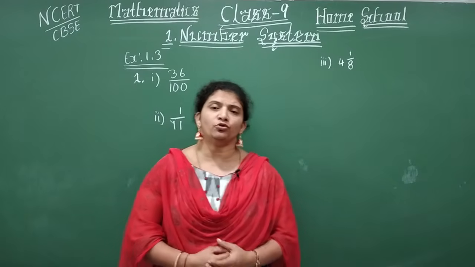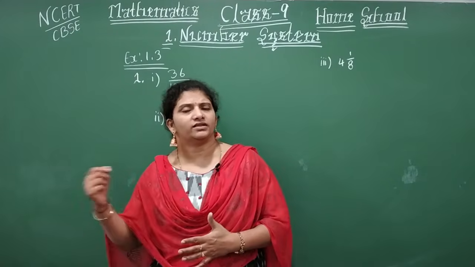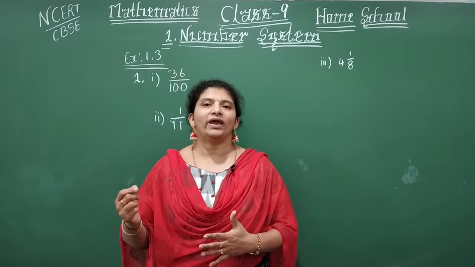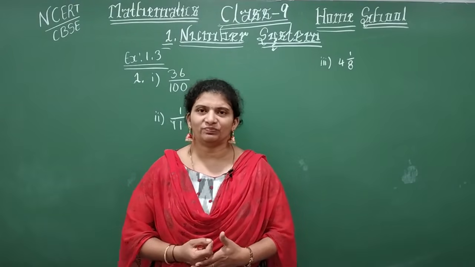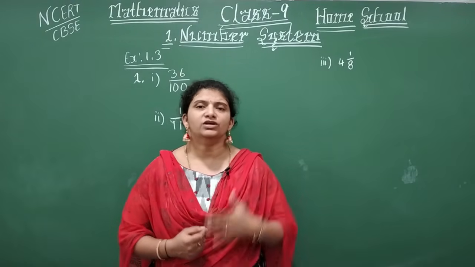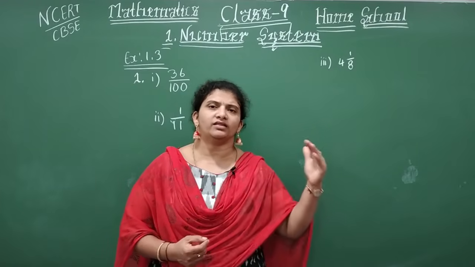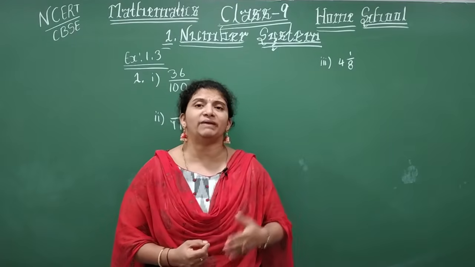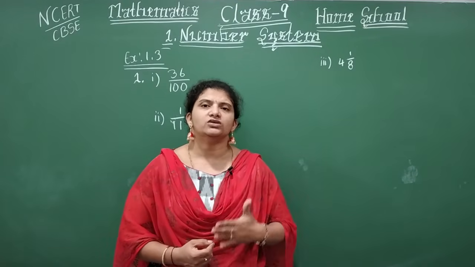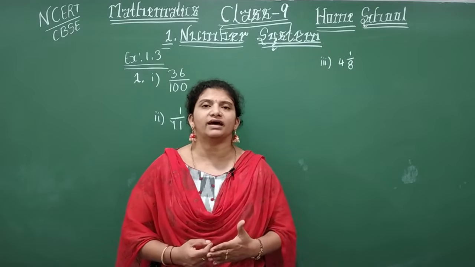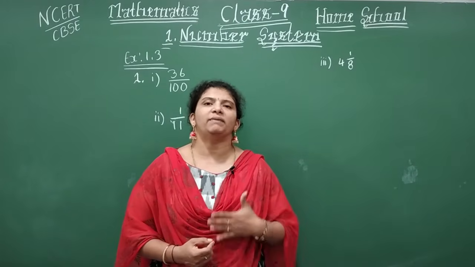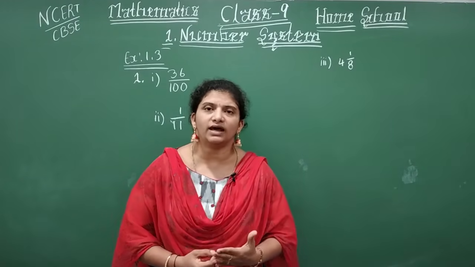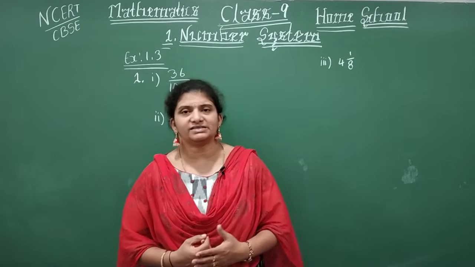Suppose I say 2.333333, where the 3 ends we don't know. What am I saying here? 2.33333 means the 3 is repeating again and again. Repeating we call a recurring. Repeating decimal is also called a recurring decimal.